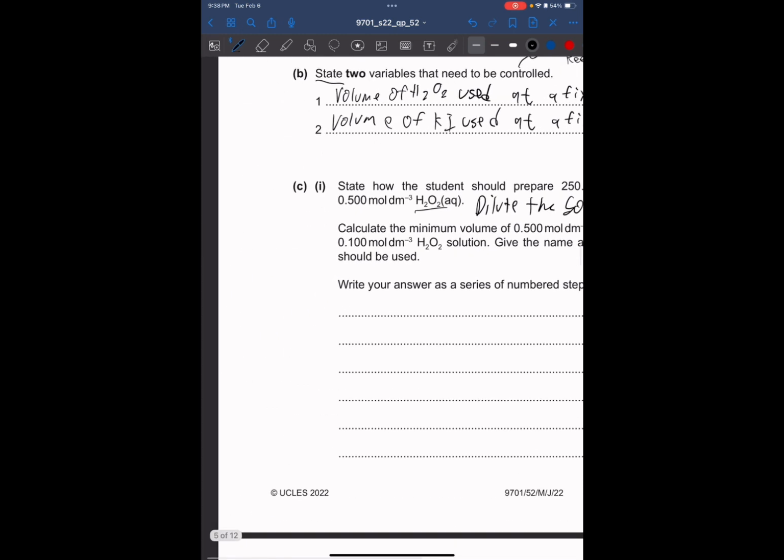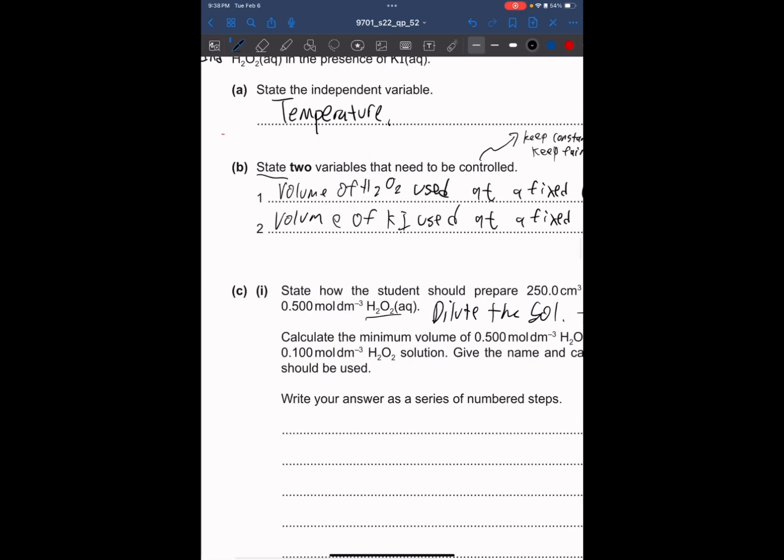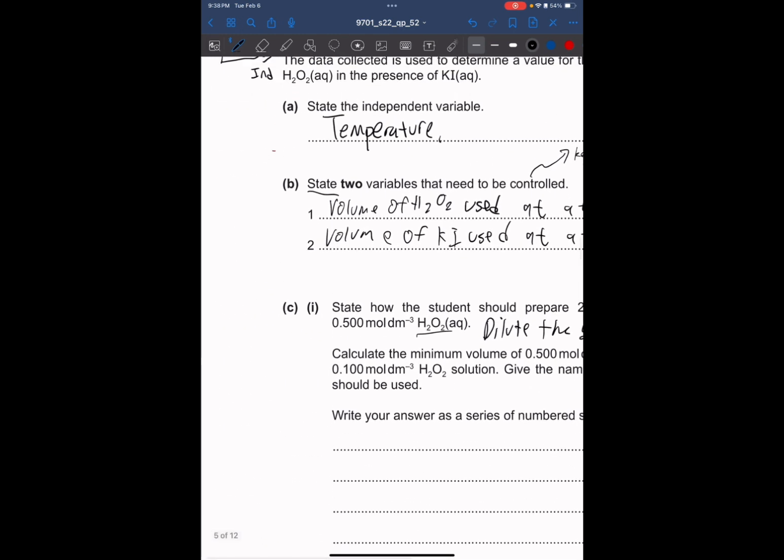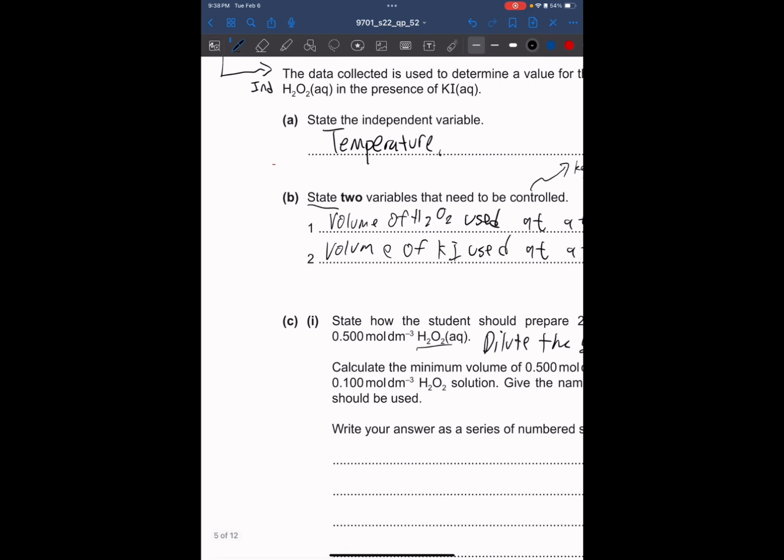Now I'm going to talk about this in two ways. The first is mathematically. Let's use the concentration formula. Concentration is equal to the number of moles per volume.